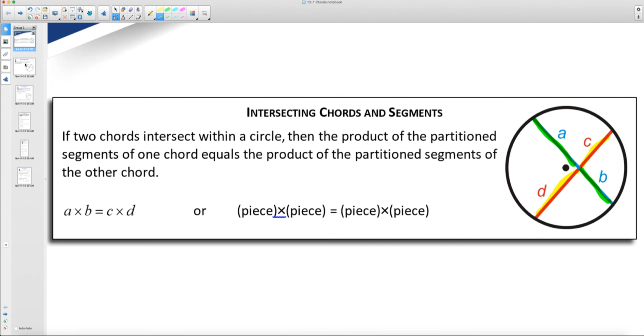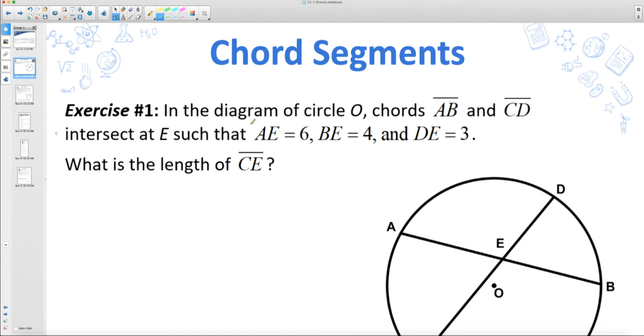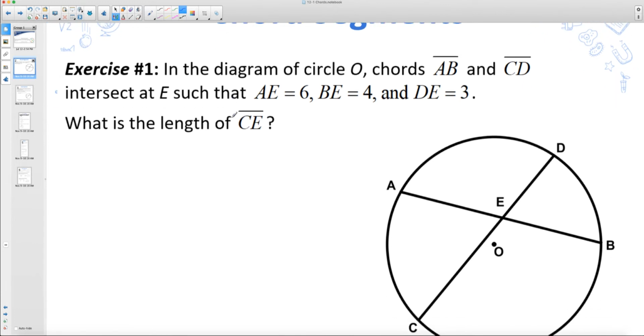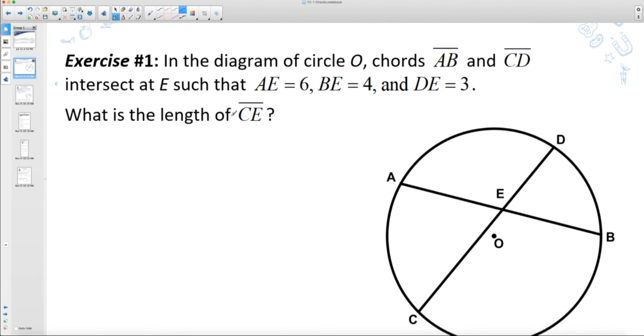Okay, we'll look at a pretty basic example, and then we'll go into the proof as to why this does work. They tell us that we have two chords, AB and CD. AE is 6, BE is 4, DE is 3. What is the length of CE? Piece of one chord times piece of the other: 6 times 4 equals piece of one chord times piece of the other, 3 times x.